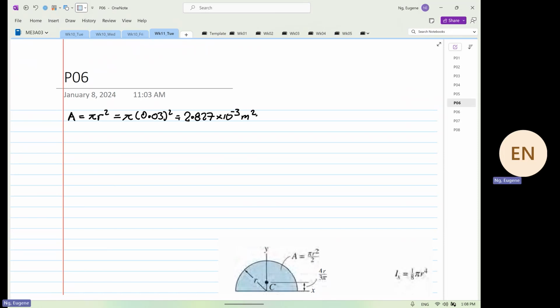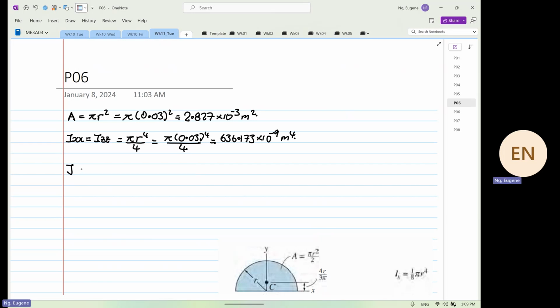Okay. And then we have to find our IXX, which is equal to our IZZ. And these formulas will be provided: pi R^4 divided by 4. So pi, radius 0.03 power 4 divided by 4. So 0.03 power 4 times pi divided by 4 is equal to 636.173 times 10 to the power minus 9 meter 4.